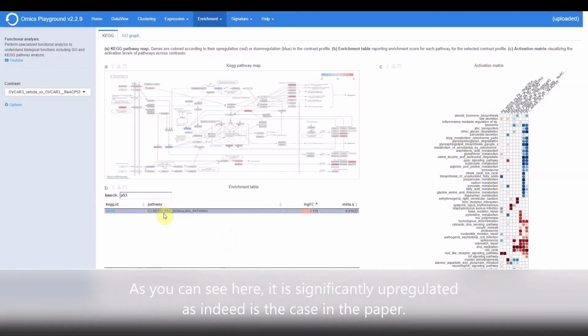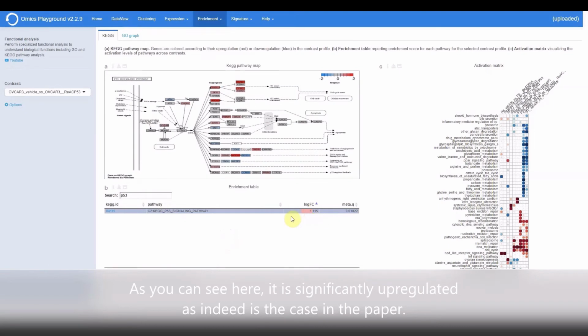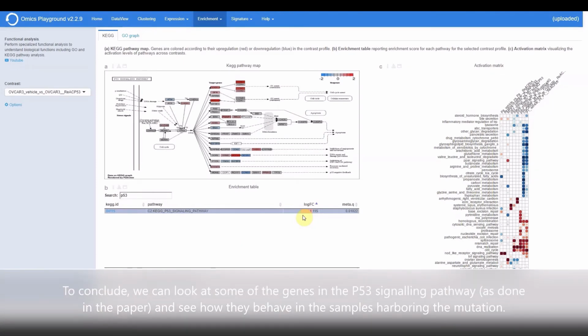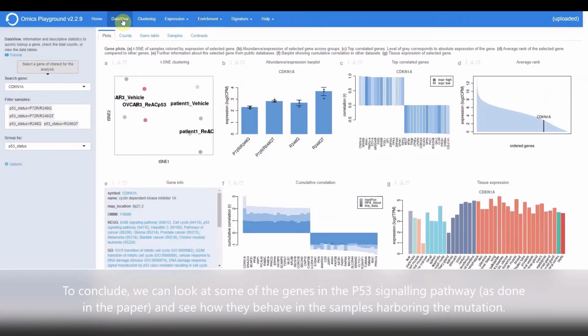As you can see here, it is significantly upregulated, as indeed is the case in the paper. To conclude, we can look at some of the genes in the p53 signaling pathway as done in the paper and see how they behave in the samples harboring the mutation.